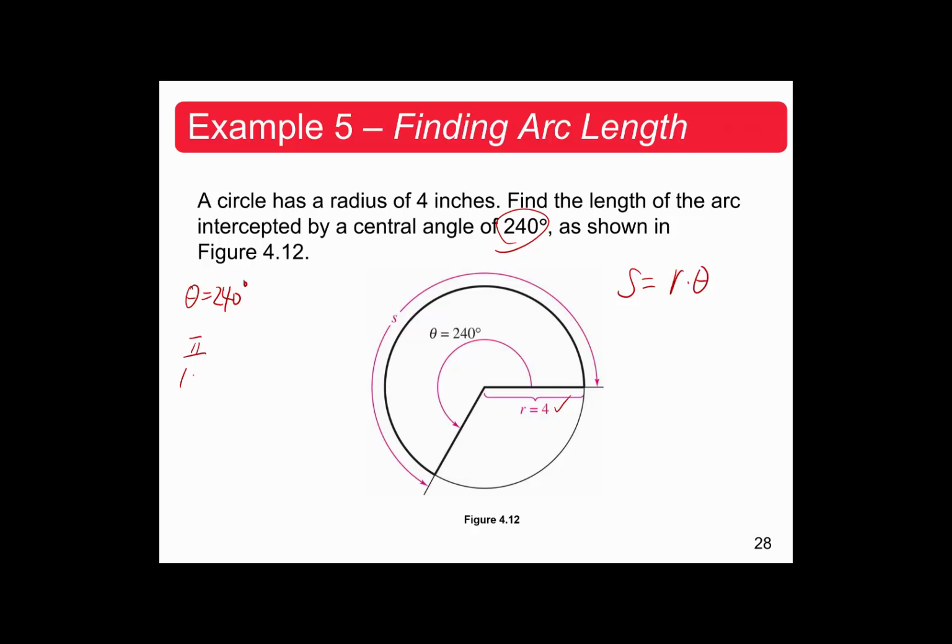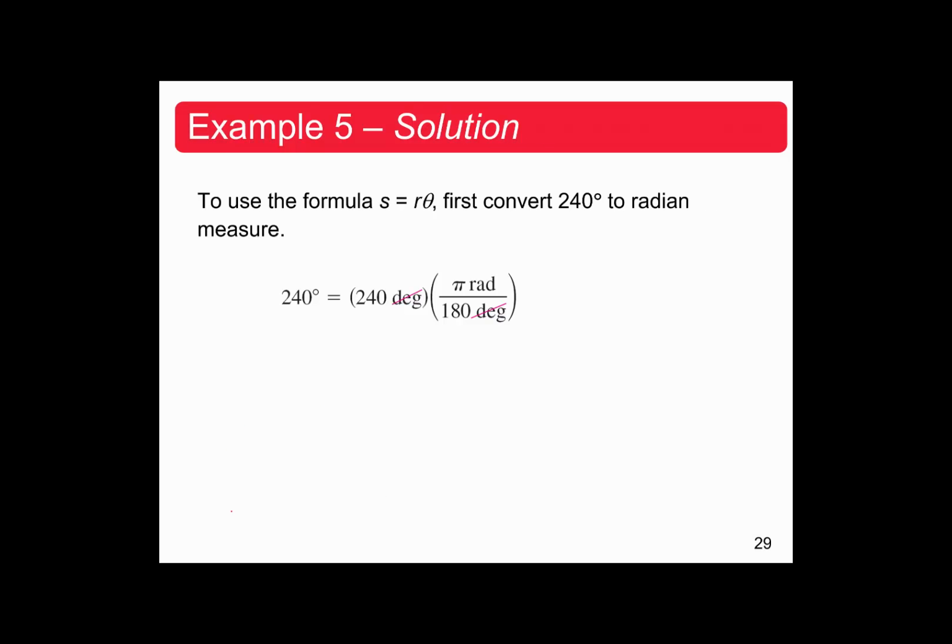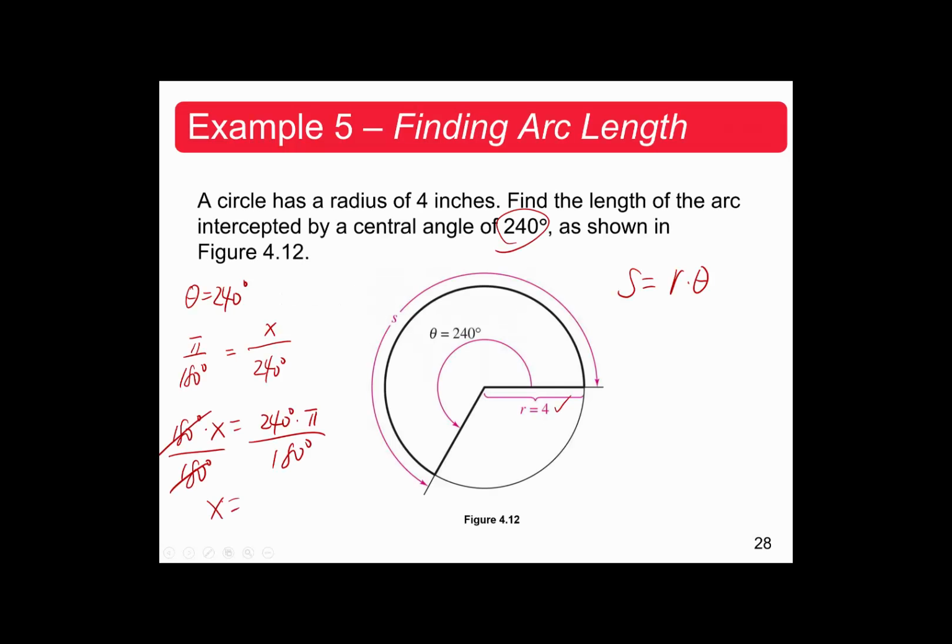Using proportion, pi equals 180 degrees, so for 240 degrees we want to know how many radians that is. 180 degrees times x equals 240 degrees times pi. Dividing 180 degrees from both sides, x equals 4 pi over 3. They both could be reduced by 60, so we get 4 pi over 3.